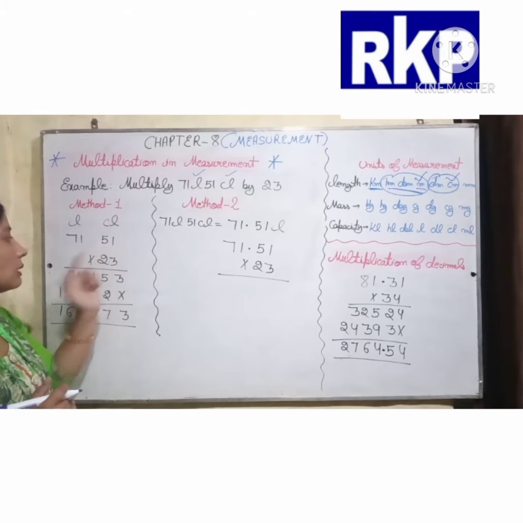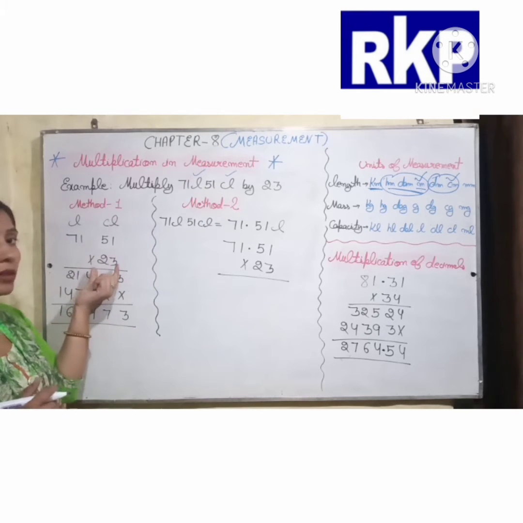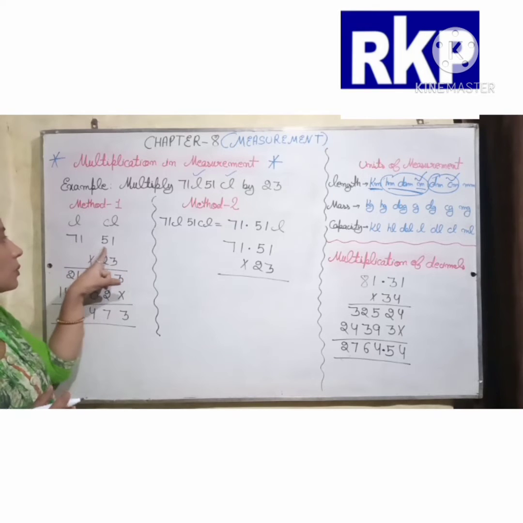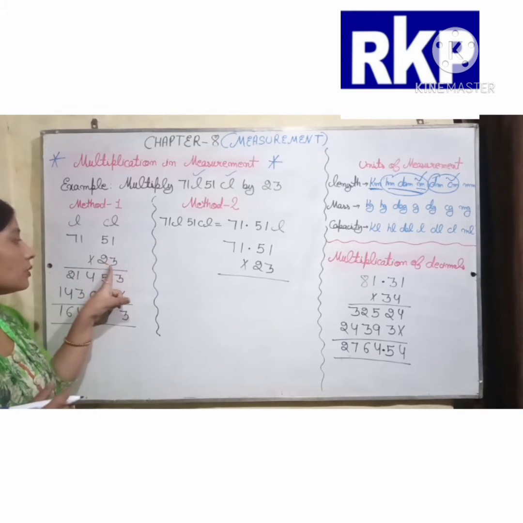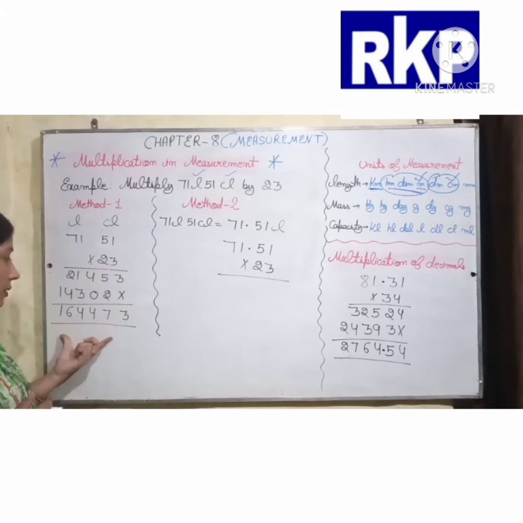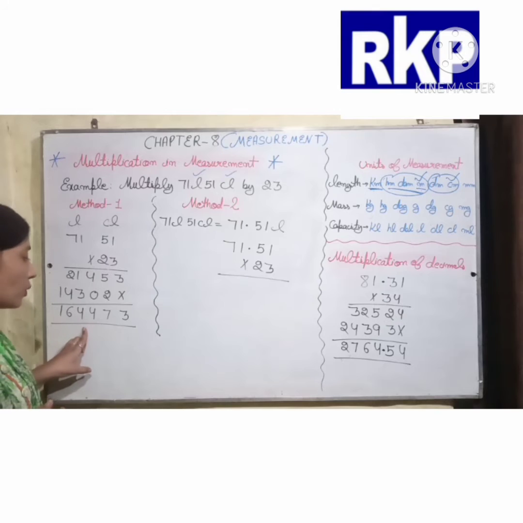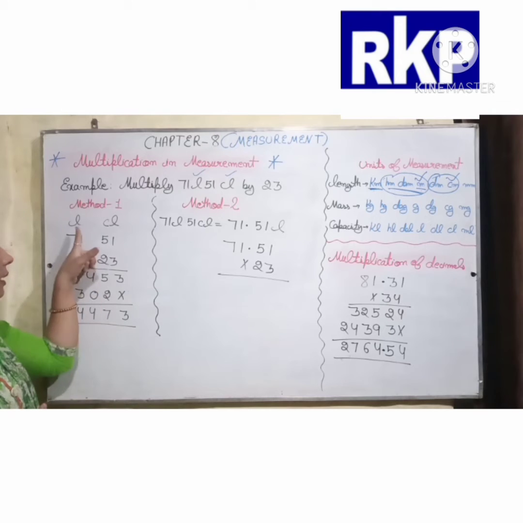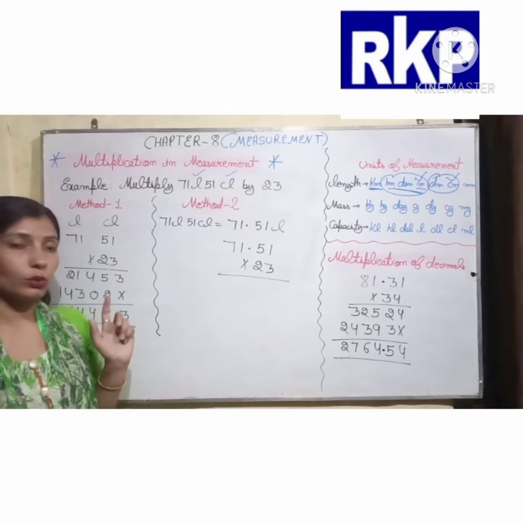Now we have to multiply this number by 23. And when we multiply 71 liters 51 centiliters by 23, we get this answer: 1,64,473. But here, beta, we need to write liters and centiliters also.